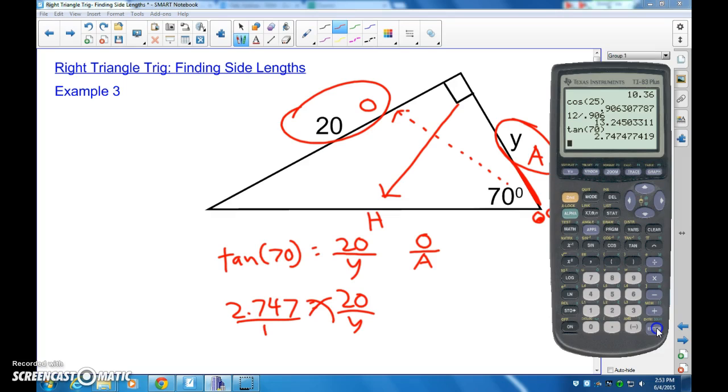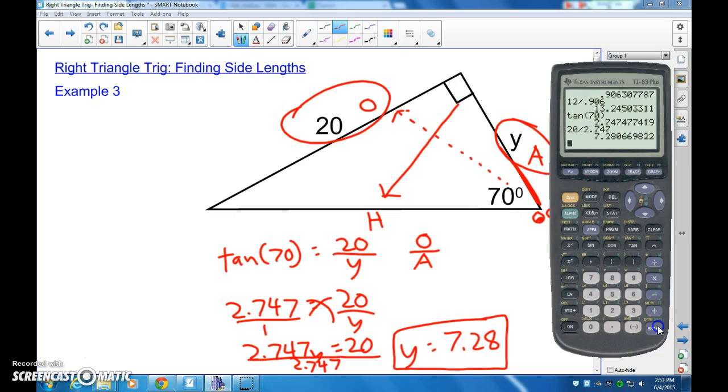Set up your cross multiply. 2.747y equals 20. Divide by that 2.747, and you can get 20 divided by 2.747 equals 7.28. So that was one with sine, one with cosine, and one with tangent.